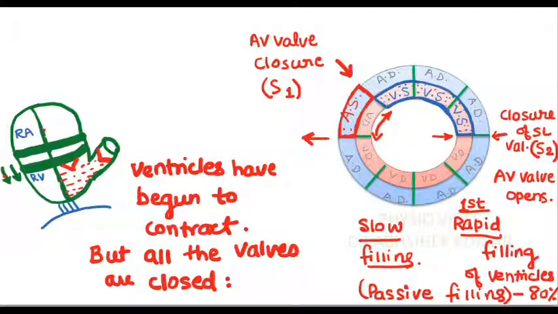This phase is known as isovolumetric contraction phase. So, at the beginning of ventricular systole, there is an isovolumetric contraction phase. And when this isovolumetric contraction phase ends, then the semilunar valve opens.